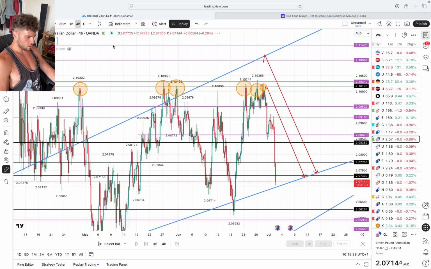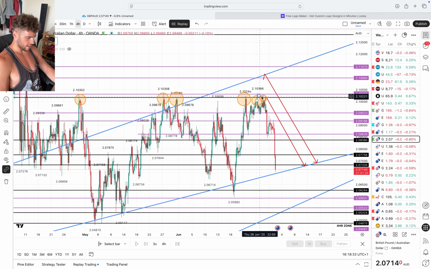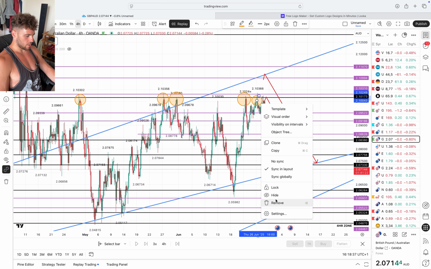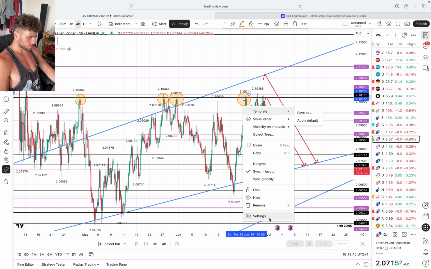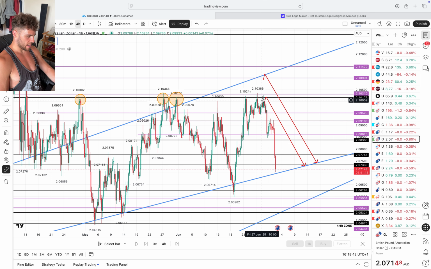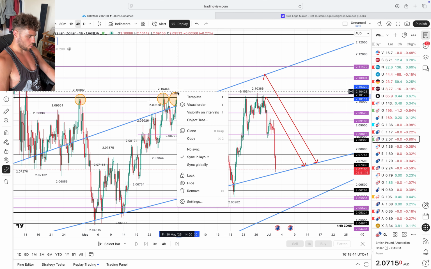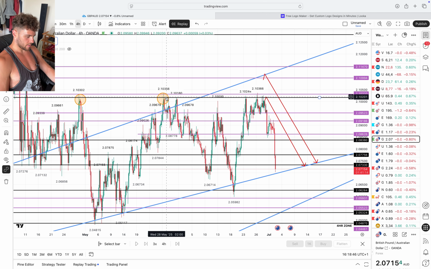But let's play this scenario as if we never got the rejection of this level. What would I have done? Because I know you guys are wondering, what would I have been looking for if we did get the breakthrough of this level, and then I was kind of looking for the next sell area up here, right? So it's exactly what it says on the arrow.